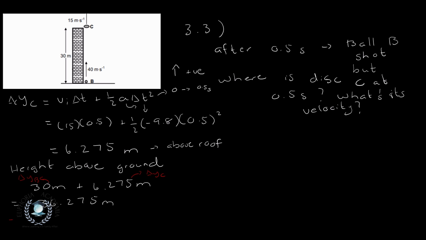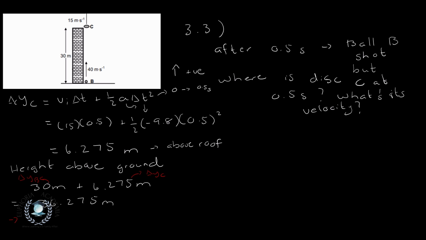Now this distance, as stated before, is the height of the building plus the distance traveled by disk C after 0.5 seconds. But what does it actually mean?